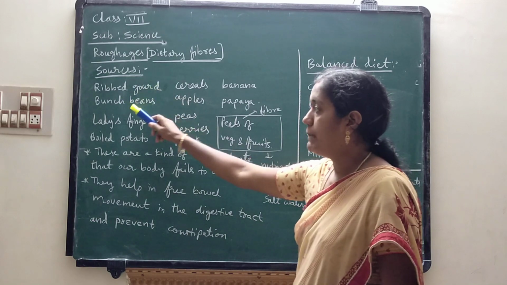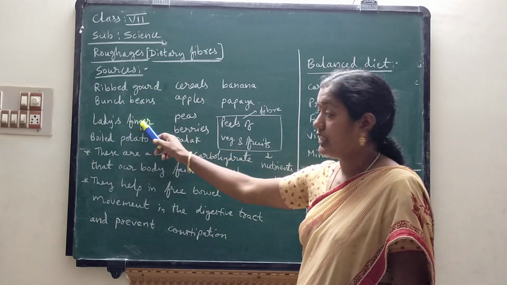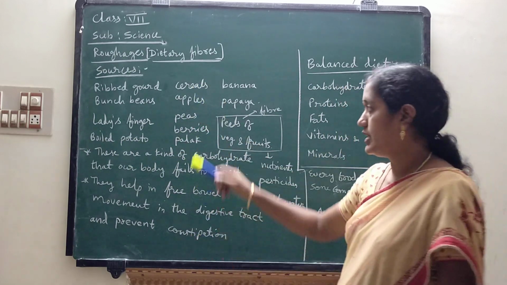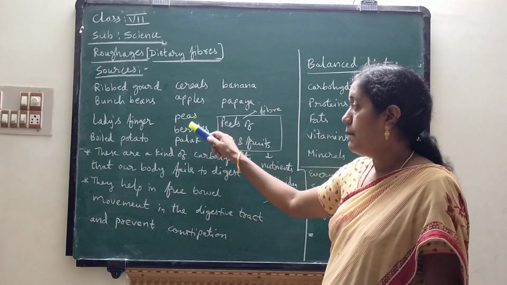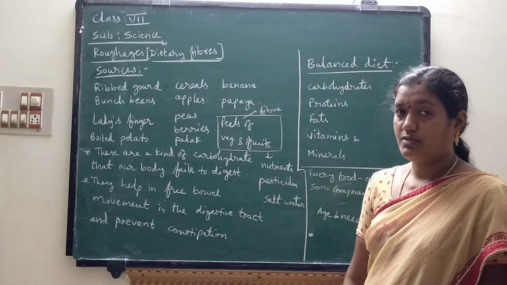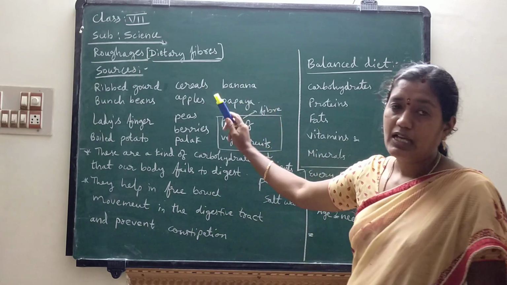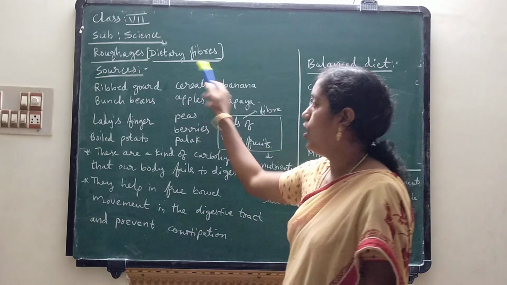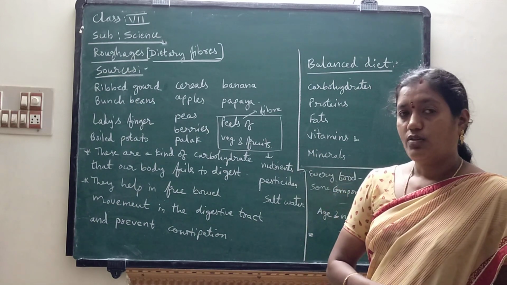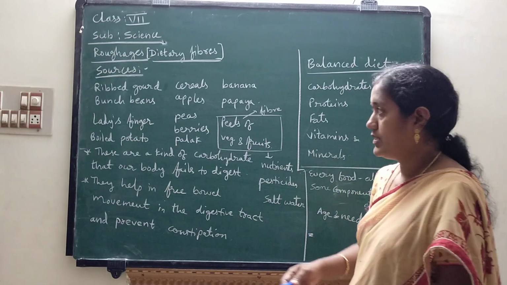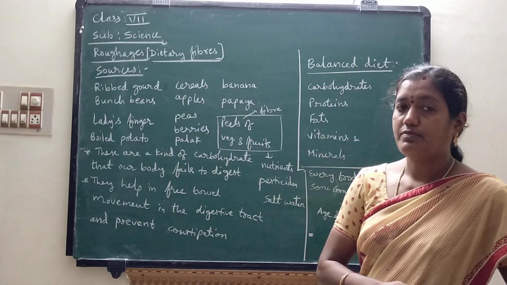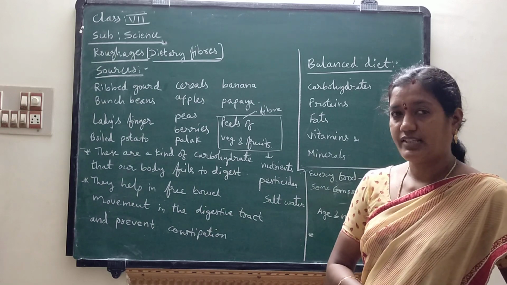Ribbed gourd, bunch beans, lady's finger, boiled potato, all types of cereals, and apples, peas, berries, palak, leafy vegetables, and banana, papaya. These food items are the sources of roughages, because these food items contain fiber-like substances. Fibers means thread-like substances present in it.